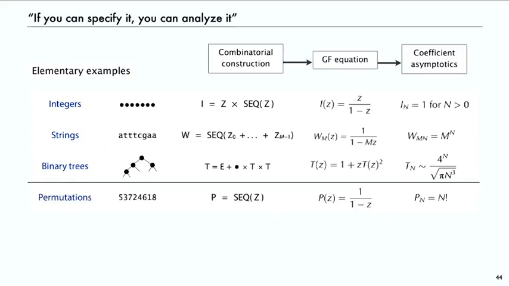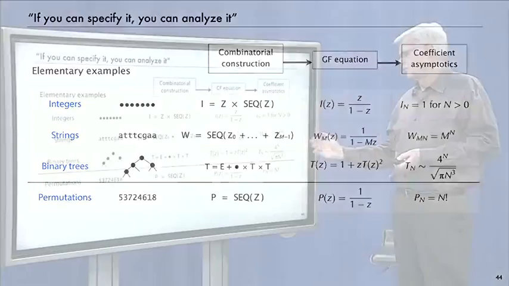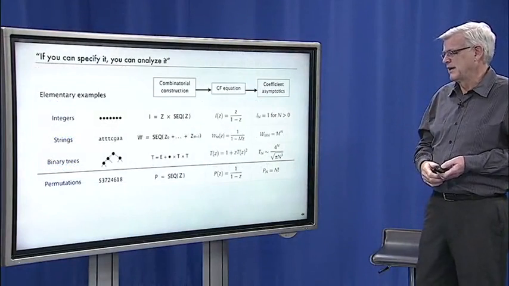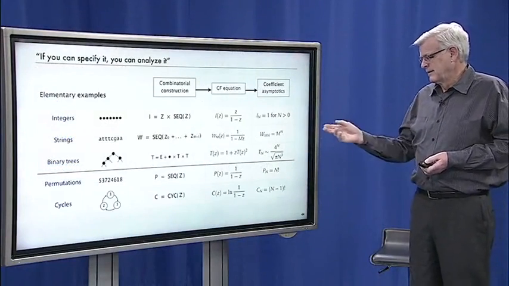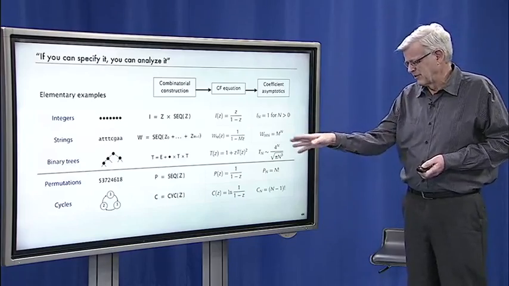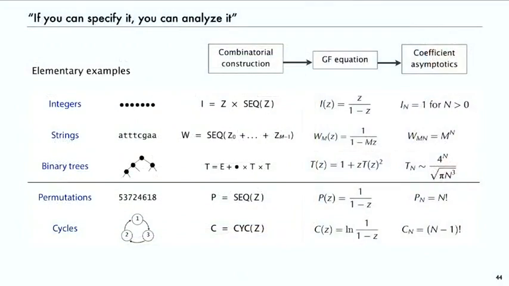Now below the line is the labeled universe. A permutation is a sequence of labeled objects. The multiply operation involves relabeling, and I won't get into that now, just to show what the constructions look like. And it's exponential generating functions, so we need to multiply the coefficients by n factorial. Cycles are labeled cycles. It's log of 1 over 1 minus z, and immediately gives out the generating function.